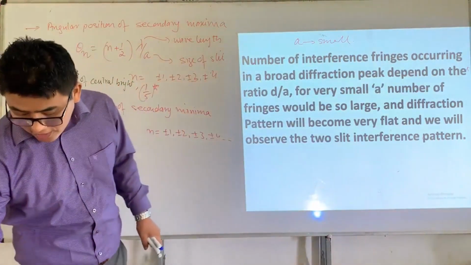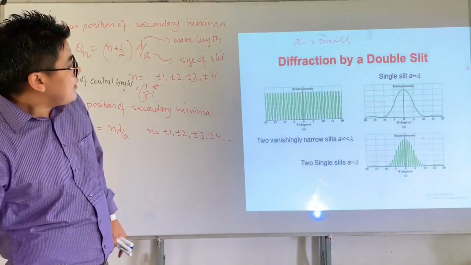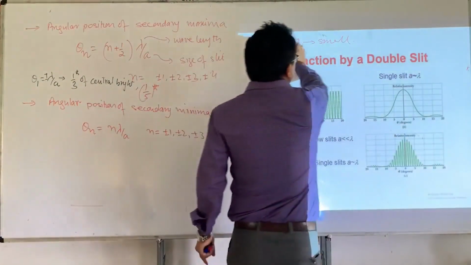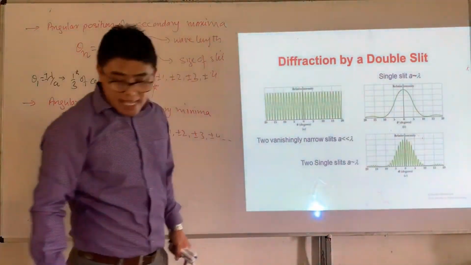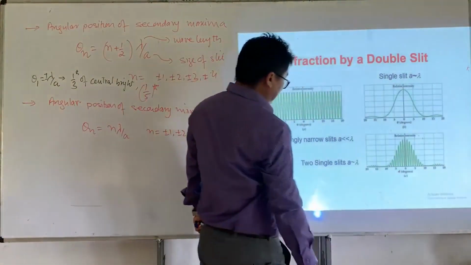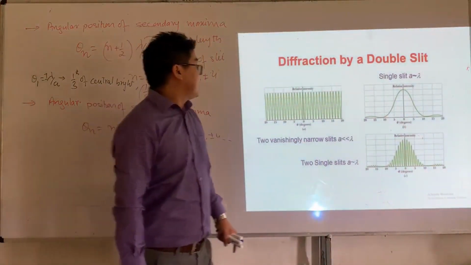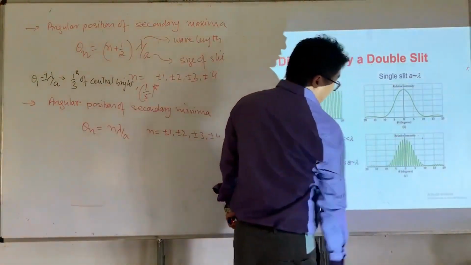This is very, very important. And this is how you differentiate double slit and single slit diffraction. This is single slit diffraction, and this is what we call double slit diffraction, right?